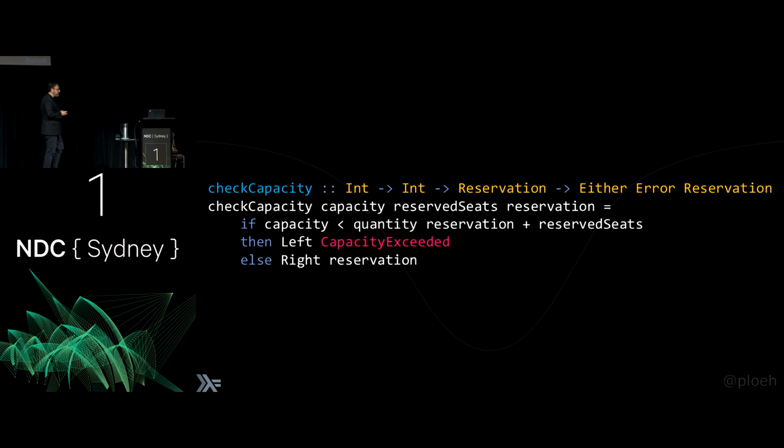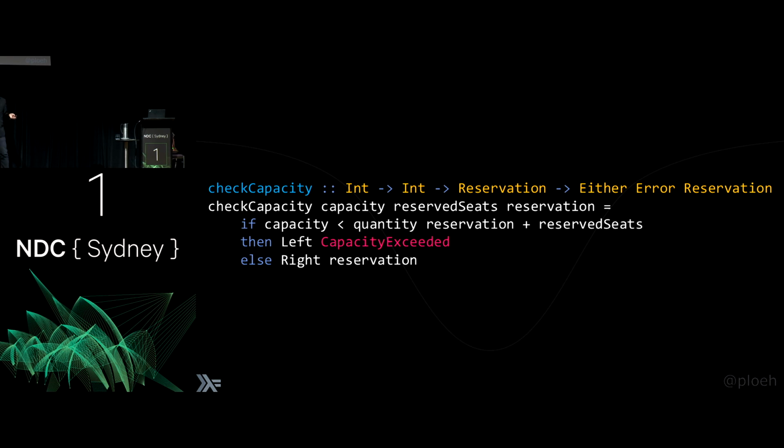I also need an integer that represents the capacity of the restaurant. That might be just another number, like the restaurant can hold 10 people, or 100 people, or whatever. And then I also need the reservation itself.